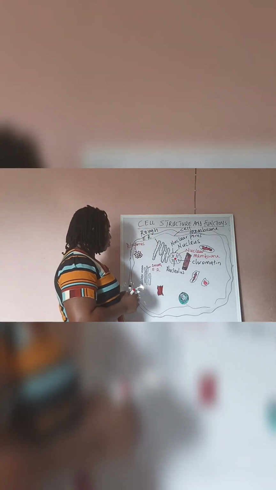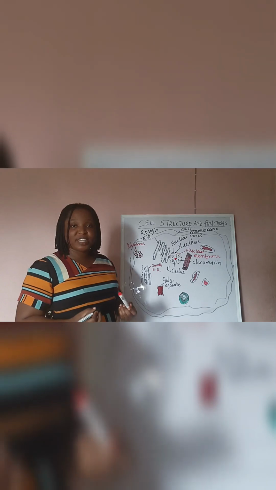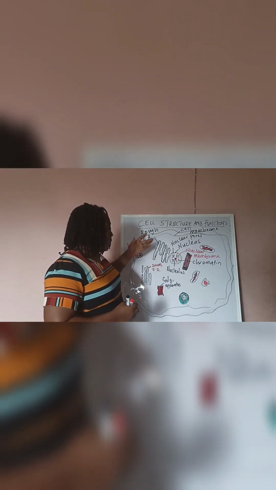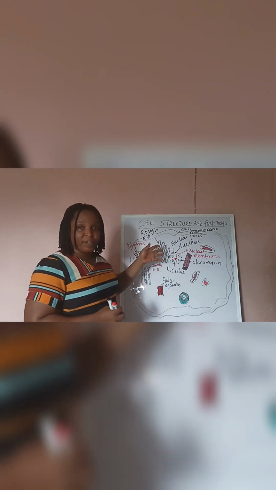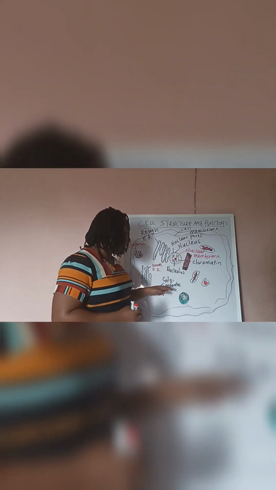So from there we move to this structure here. We call this structure the Golgi apparatus. I made mention of it earlier, that correctly folded materials from the rough endoplasmic reticulum will be taken to the Golgi apparatus.